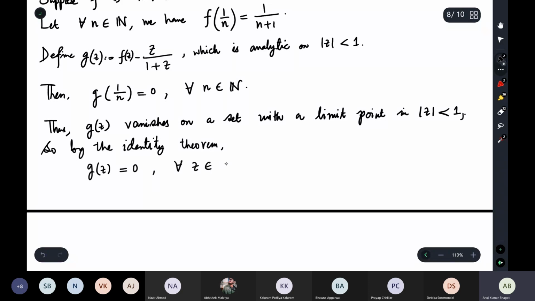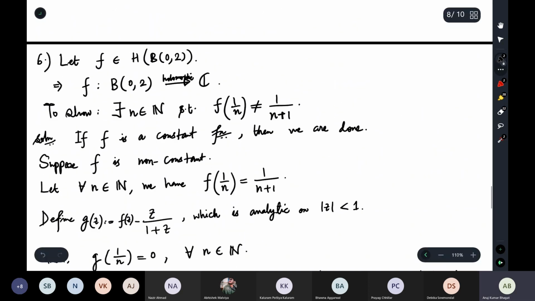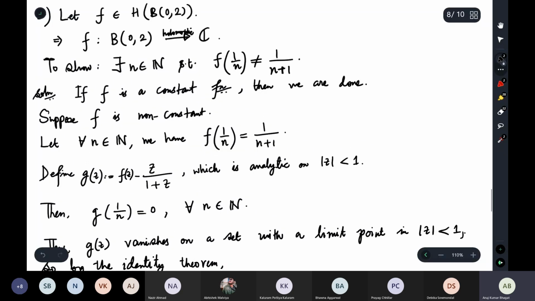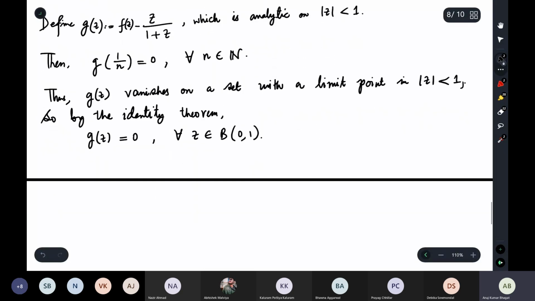So understand the statement, okay, B01, keep that in mind. g जो define है वो इस डोमेन में डिफाइन नहीं है. Okay, g is defined because you see this function is undefined at z equals to -1. So that -1 you cannot take here.